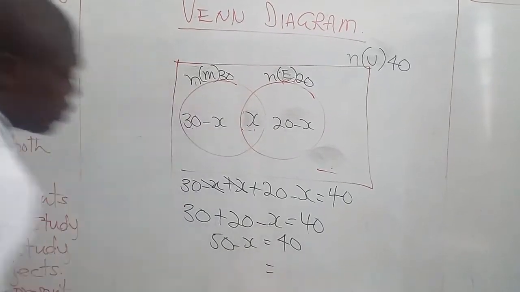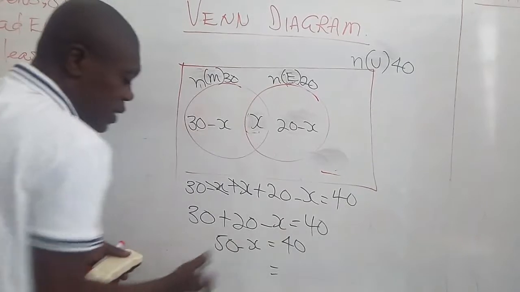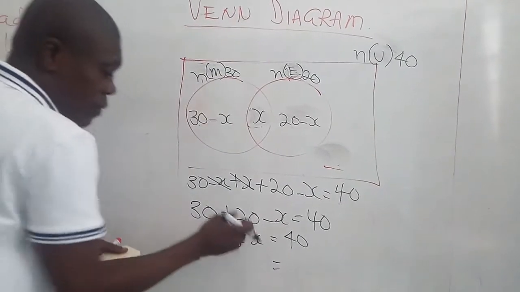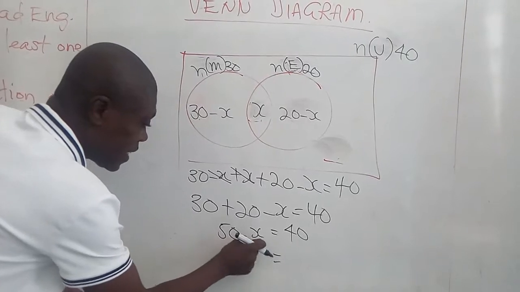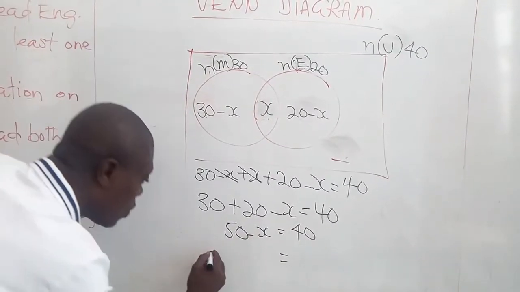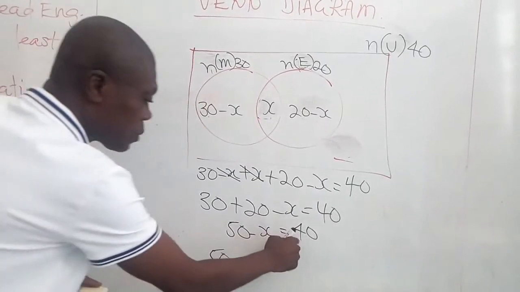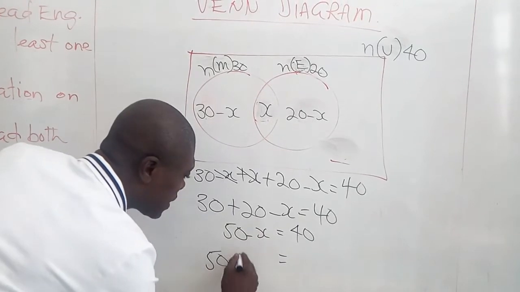So now we have to make x the subject of this equation. Therefore, for convenience sake, let's bring the x to this part and the 40 to this part. So this 50 is positive. The moment it crosses this line, it becomes negative, so it becomes minus 40.